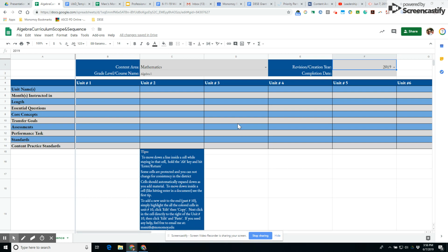The reason we're doing this work and coming up with a common scope and sequence is because people do not have enough time to get done what they need to get done, and they've been set up that way. Those of us in decision-making positions, way above my head at the state level, have given teachers way too much to try to cover in a short period of time.